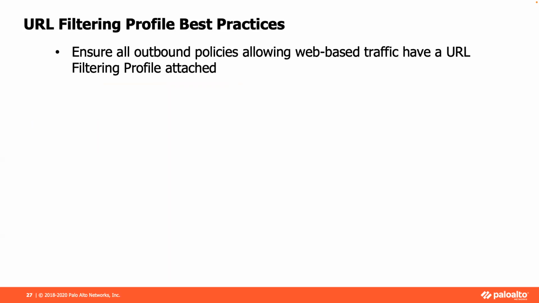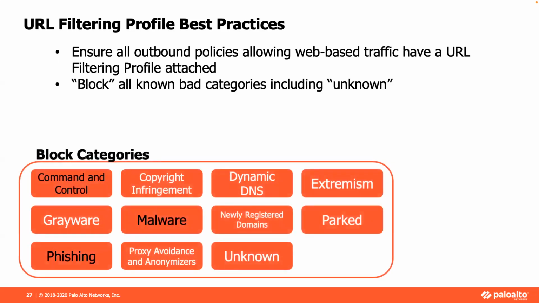You want to make sure that all your outbound security policy rules, which is going to be the vast majority of what you got with Prisma Access, have URL filtering, because most of your users are going out to the internet. Most of your mobile users, most of your remote users are headed that way. There are several categories that we suggest strongly that you block. Some of these are written in orange with white lettering, and some with black lettering.